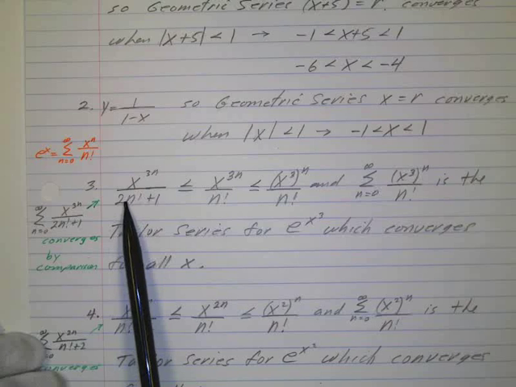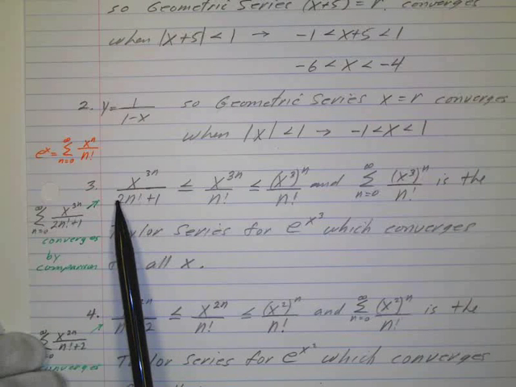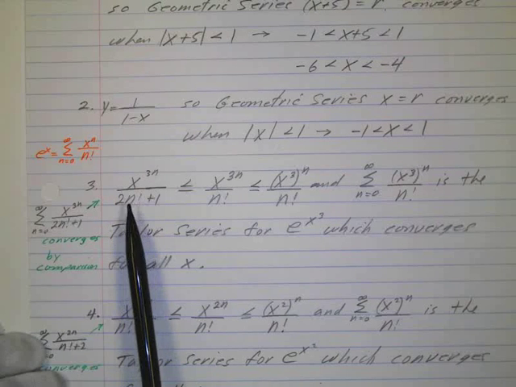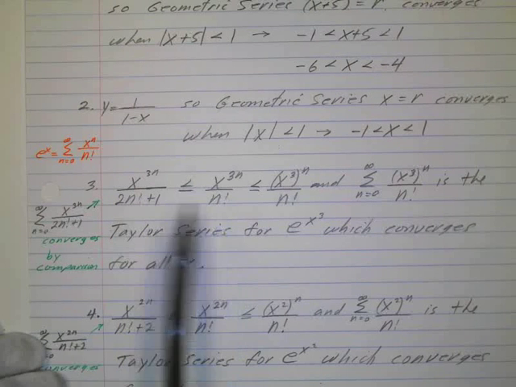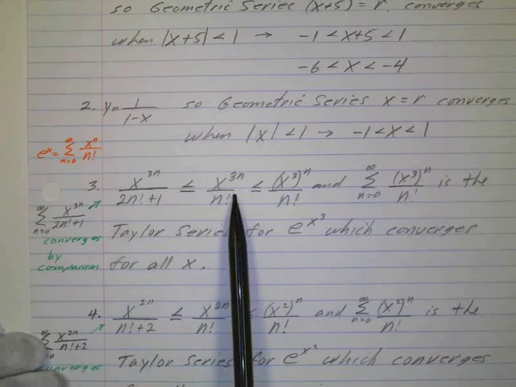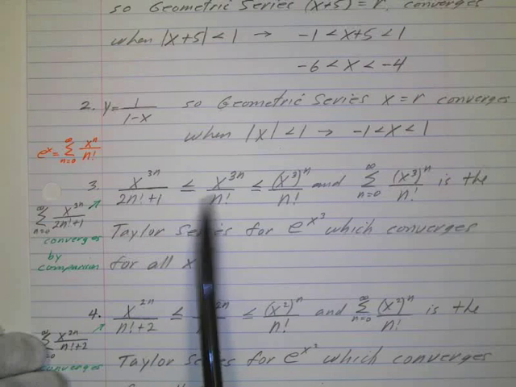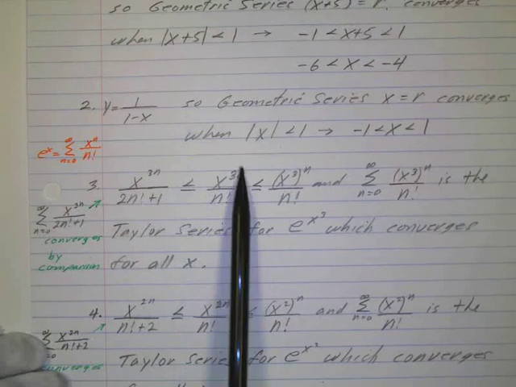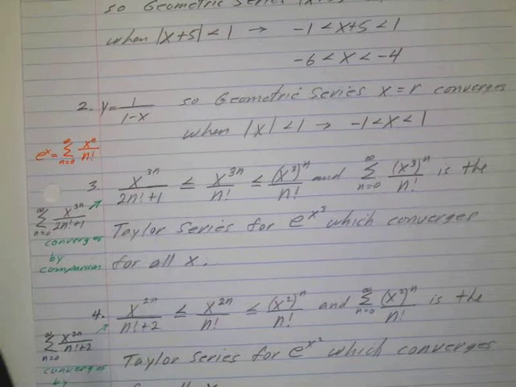And then since n is going to be positive, if I just take the 2 out, it's still going to make the bottom smaller, because this is smaller than that for n greater than 1, or n is 1 and greater. So if I take this out, this is also going to make the bottom smaller, which will make the fraction larger. So this is going to be larger than this.